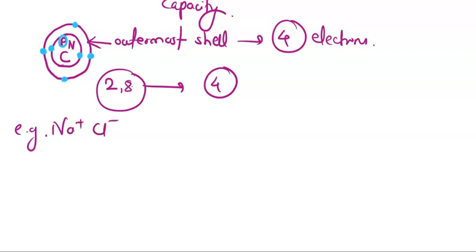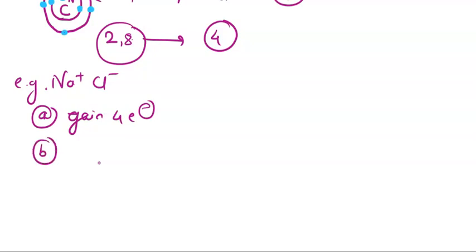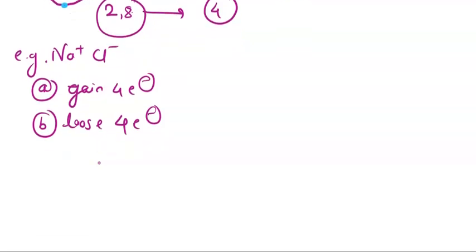Then, in the case of carbon, it has 4 electrons in its outermost shell and it needs to gain or lose. There are two situations. The first situation is to gain 4 electrons, or the second is to lose 4 electrons. Let's see one by one what happens if it gains 4 electrons.